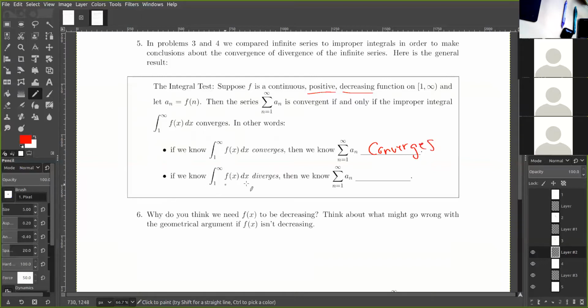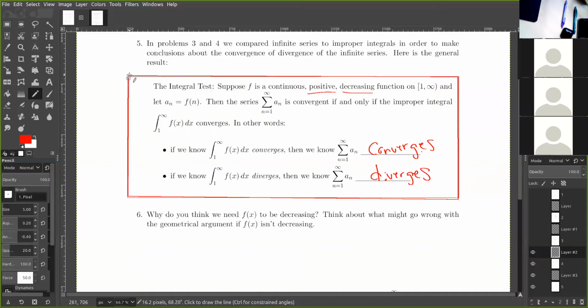If the improper integral diverges, then the series diverges. These two things go hand in hand. Our series and the corresponding improper integral will always converge or diverge simultaneously.